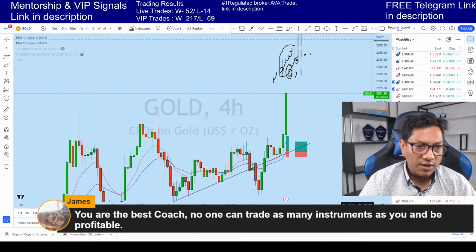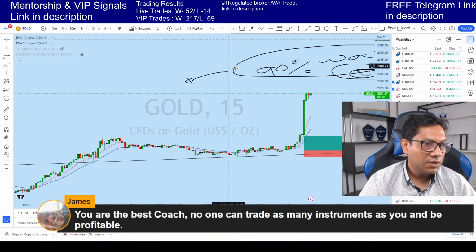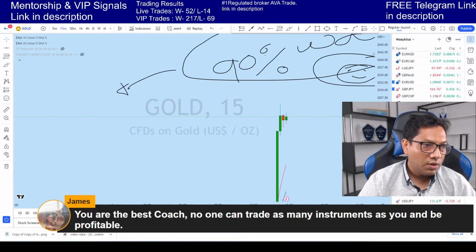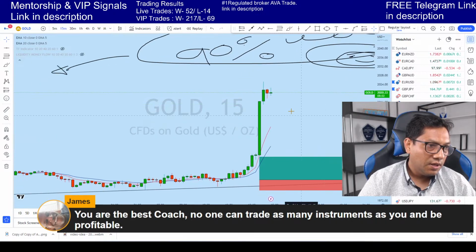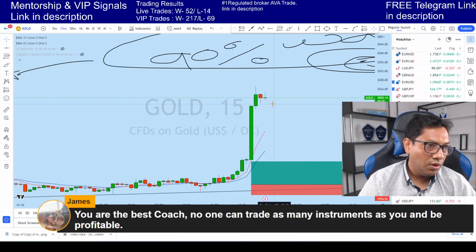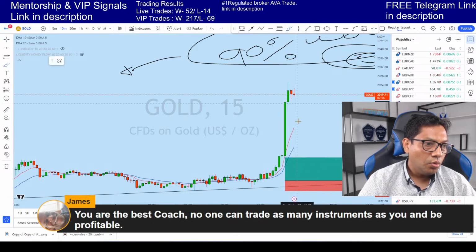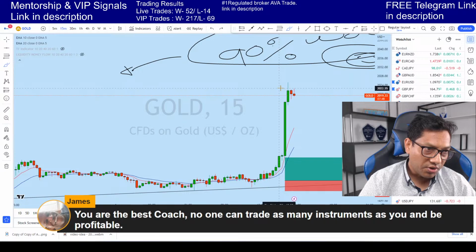So let's look now at the 15 minutes. Okay, so gold, let it make a structure here. What I think is that the way it has made, this is the 15-minute chart, and we could see that this is the impulse, and then what it will do here is a triangle formation.